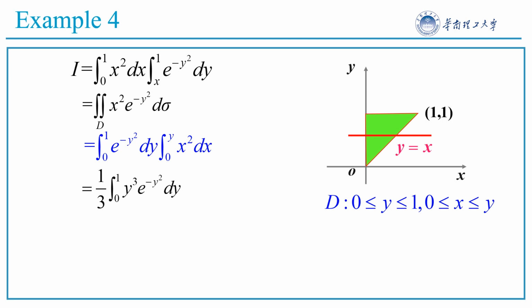The inner integration is equal to 1 over 3 times the cube of y times e to the power negative y squared. Lastly, calculate the definite integral with respect to y, and we obtain the result. It is 1 over 6 minus 1 over 3e.